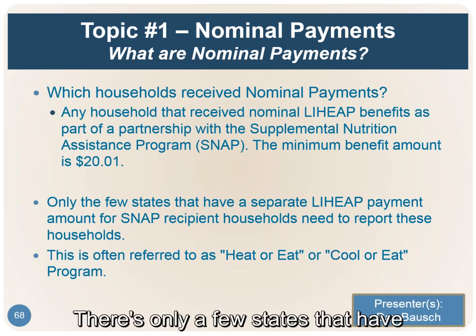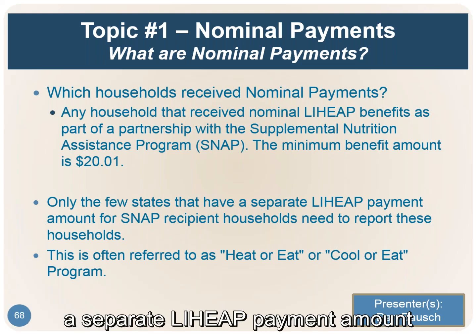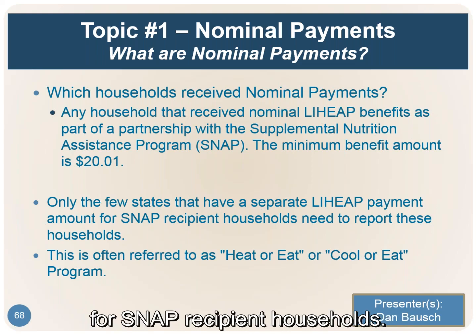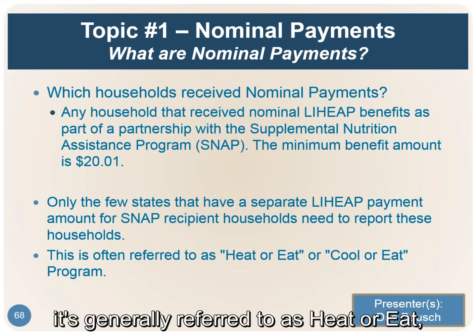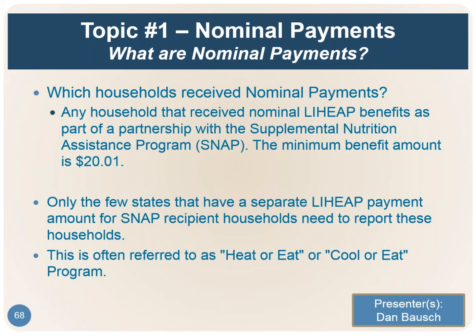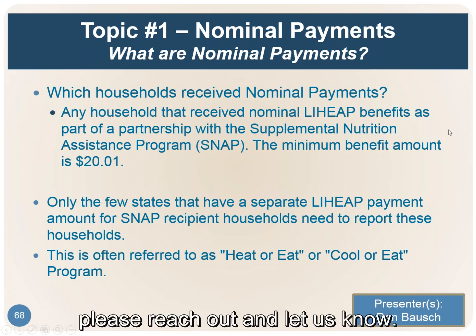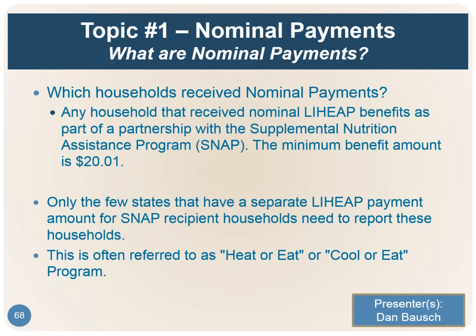There's only a few states that have a separate LIHEAP payment amount for SNAP recipient households, and if you do have this, it's generally referred to as Heat or Eat or Cool or Eat. And if you have any questions, please reach out and let us know.